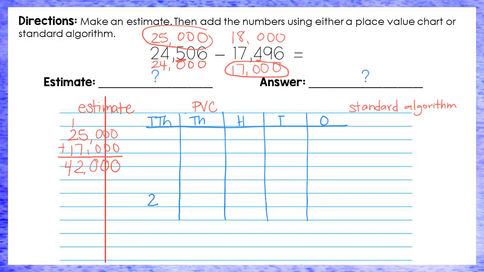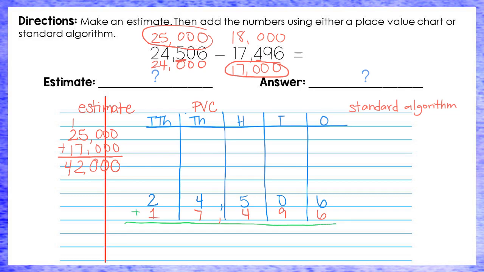So we have 24,506 plus 17,496. And then we will put those together.